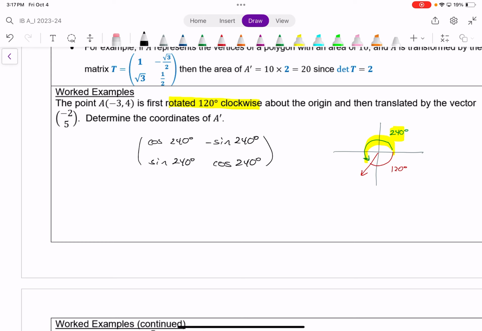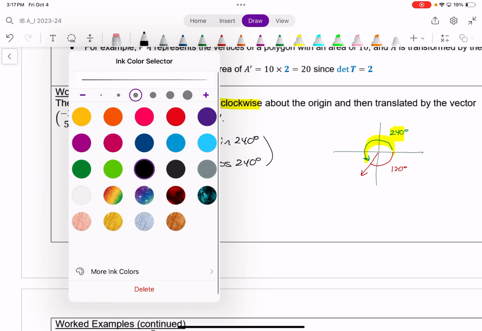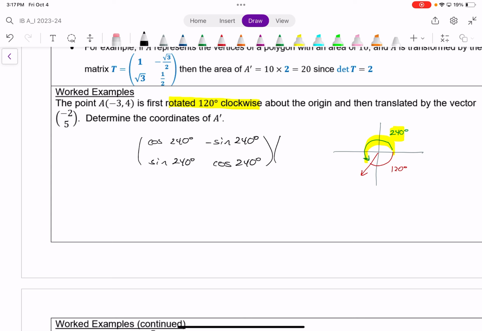So this will tell us, if I then multiply by the point... sorry, I'm reading the wrong part. That's the translation vector. The point is -3 on the x and 4 on the y. And so this will take care of that transformation.